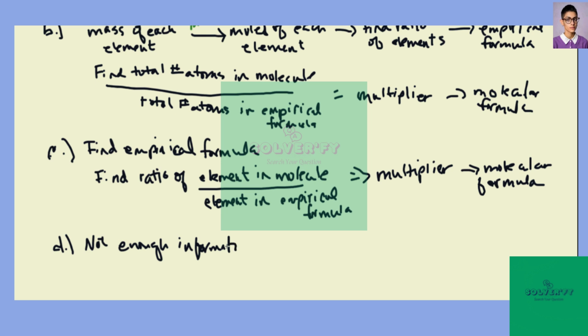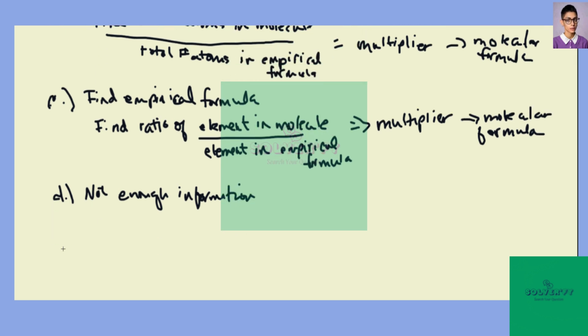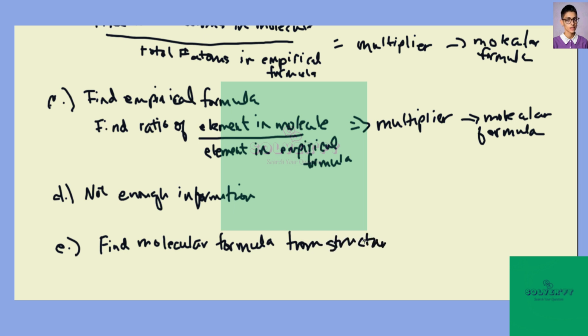Finally, given a structural formula, this is perhaps the most informative, and you can use it to find the molecular formula. And you do this simply by counting up the number of each atom present.